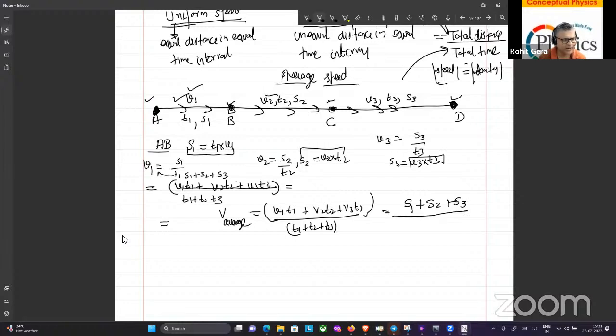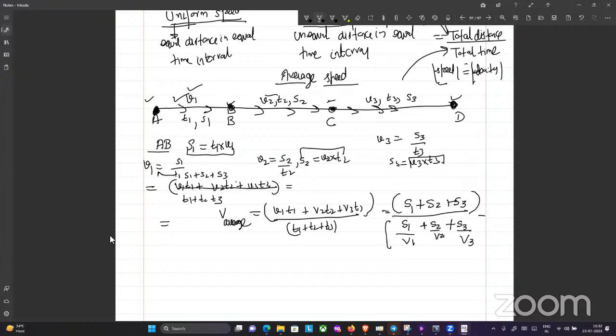My time will look like S1 by V1 plus S2 by V2 plus S3 by V3. It is purely your choice how you want to write, because you have three variables to play with. You need to write in the numerator the total distance, depending on what is given in the question, and divide it by the total time, and you get the average.